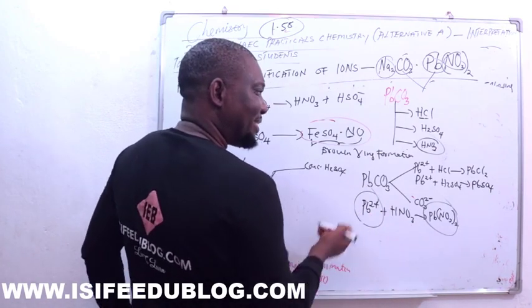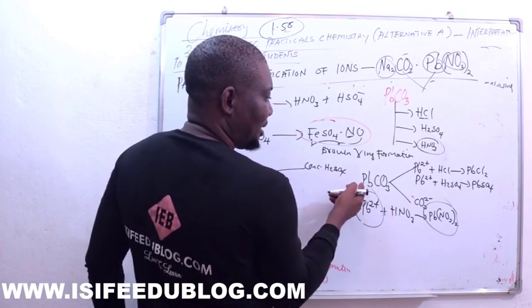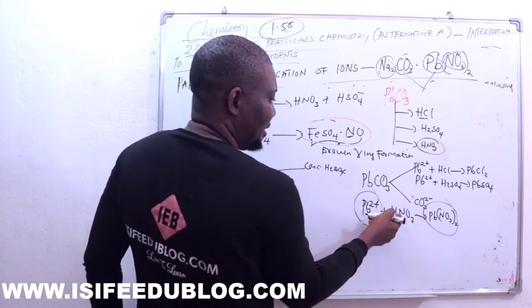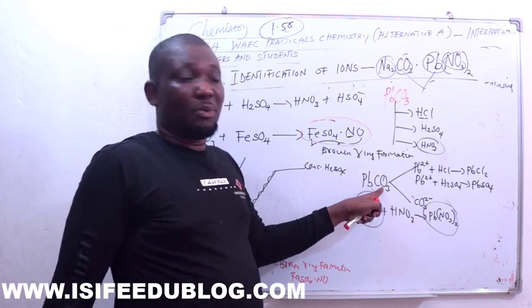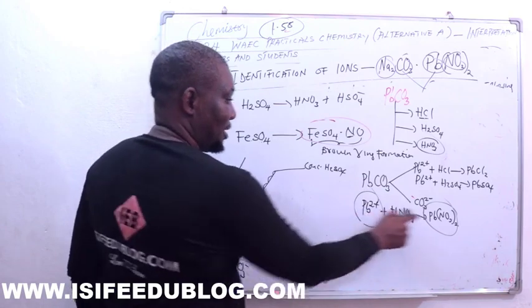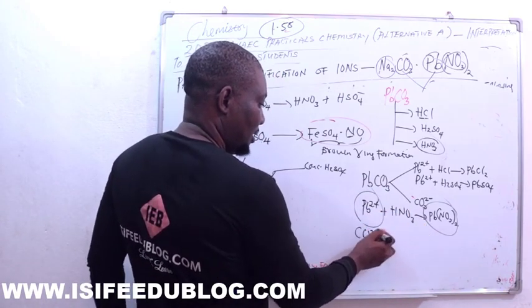Just as this acid is acting to dissolve lead, it is also acting to release carbon dioxide from the carbonate. As this reaction goes on, the same acid deals with the anion.